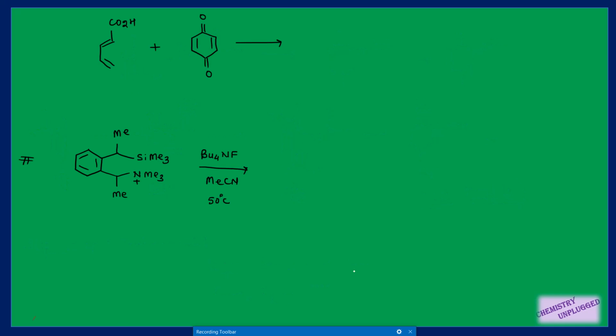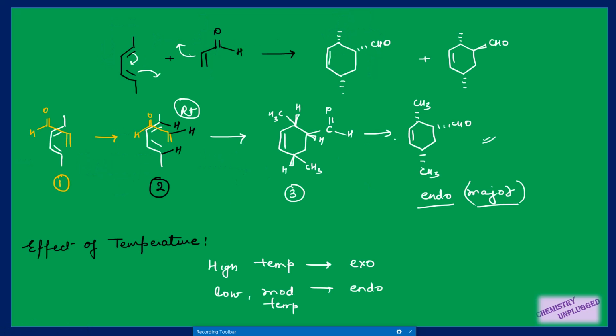The next is, we will take certain examples based on the rules which we have discussed so far. In this case, what will we get as the final product? First we will write down the product, then we will decide the attachment side of the groups. So we will get this type of product, right? The question comes, what will be the attachment side of this acid group and proton? When we are deciding the product type in acyclic, we have seen that all these protons are cis in nature.